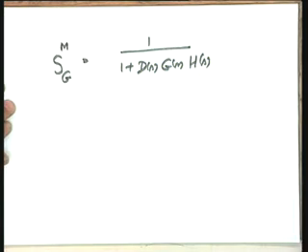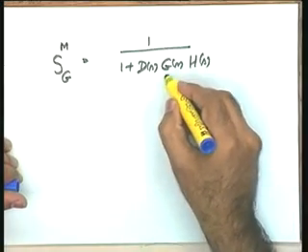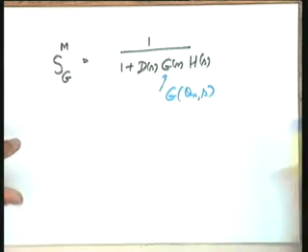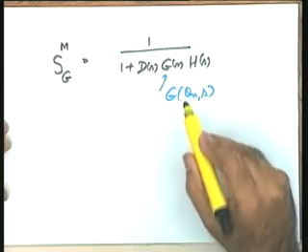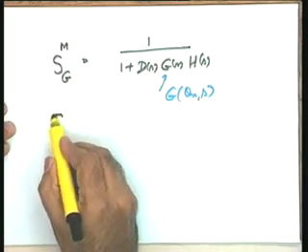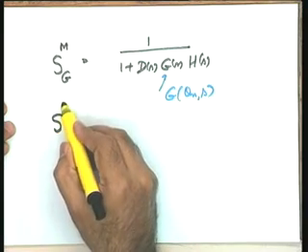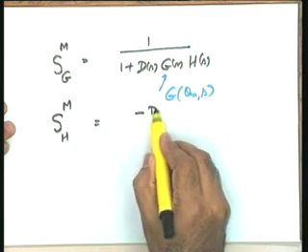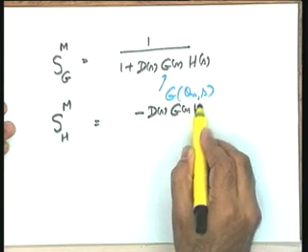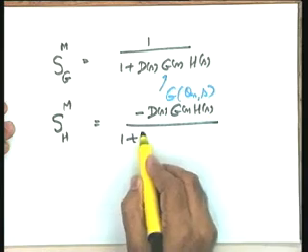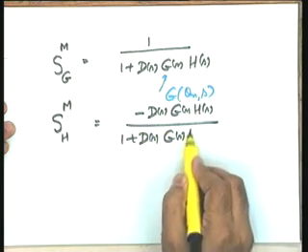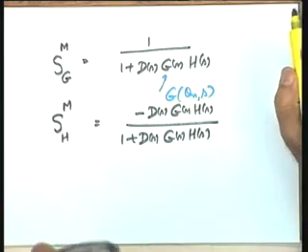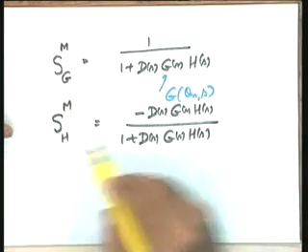To make it very clear, let me put it here that this is actually G theta N(s), meaning thereby that theta, the parameter under variation, belongs to the plant G. One more sensitivity function we derived was S of M with respect to H, that was equal to minus D(s)G(s)H(s) divided by 1 plus D(s)G(s)H(s). This is the sensitivity of the overall function with respect to H, that is the sensor transfer function.